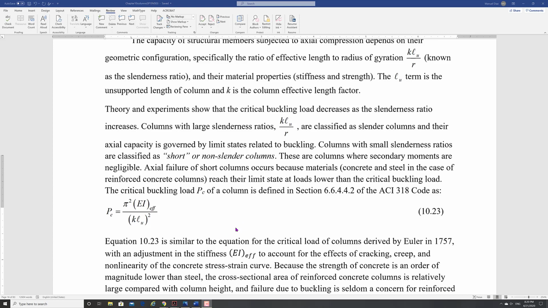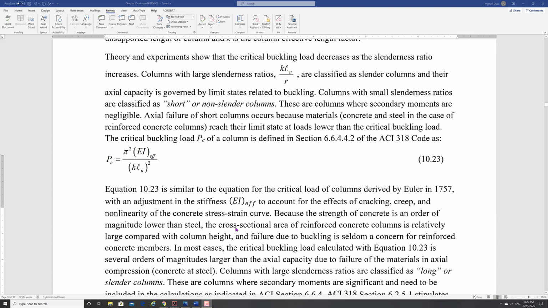The problem with all this, in the case of steel for example, it's pretty easy. You find your modulus of elasticity and moment of inertia, you got it done. But in concrete, it's a little bit more difficult. The problem with concrete is that you want to predict this ultimate behavior, but this ultimate behavior in concrete includes the cracking of the concrete, creep of the concrete, and this nonlinear behavior, because concrete is nonlinear pretty much.